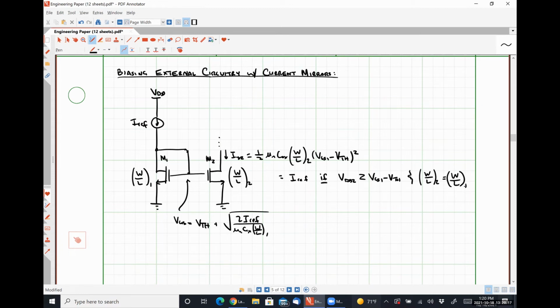So let me ask you guys a question, because this is going to be an important figure of merit that we're going to be dealing with when we talk about how we're going to use these guys as biasing mechanisms. What's the minimum value that our voltage VD2 can have, right? So this is the voltage that I'm talking about.